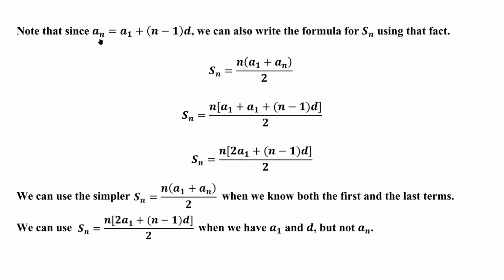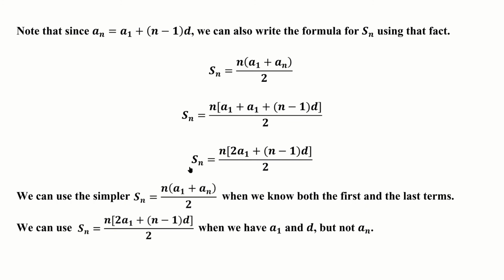Now, we notice that since an is a1 plus quantity n minus 1 times d, we can also write the formula for Sn by replacing the an with a1 plus quantity n minus 1 d. If we clean that up, we end up with Sn equals n times quantity 2a1 plus n minus 1 d, all over 2. So here is another format for the sum of the first n terms of an arithmetic sequence.